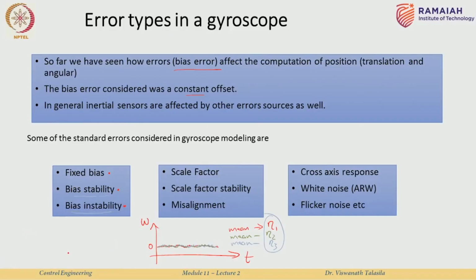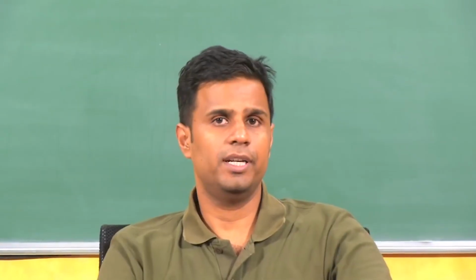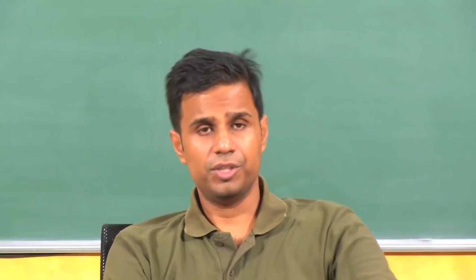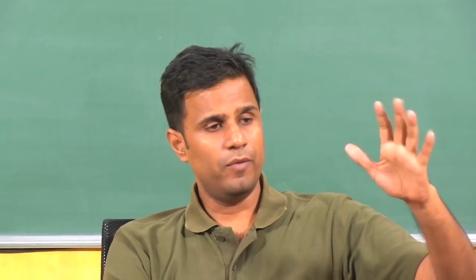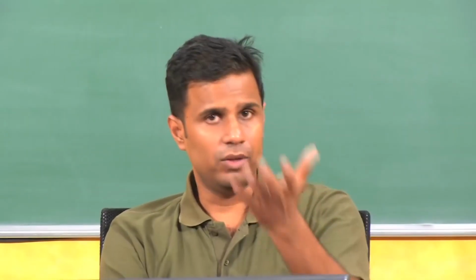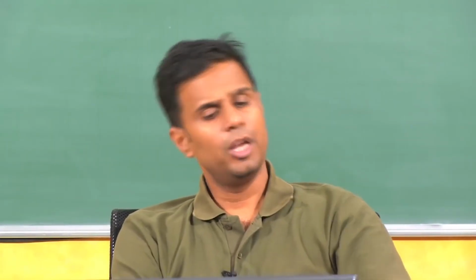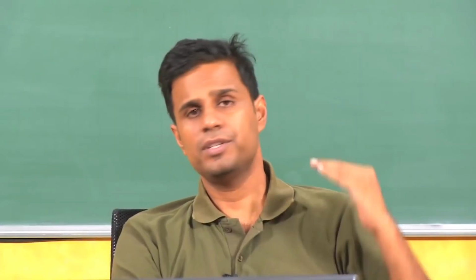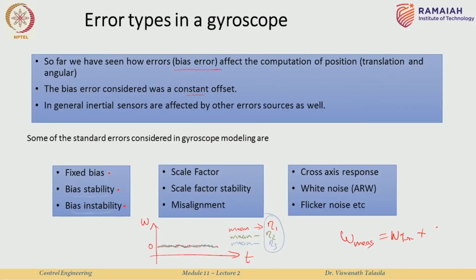okay. The reason why fixed constant bias would be amazing is because before the start of your experiment, navigation, robotic navigation, whatever, you can just turn on the gyroscope, wait for 5 minutes, calculate the mean of that, that is your offset, right. Now, every time in the future, if it is the same offset, what I can do is the following.